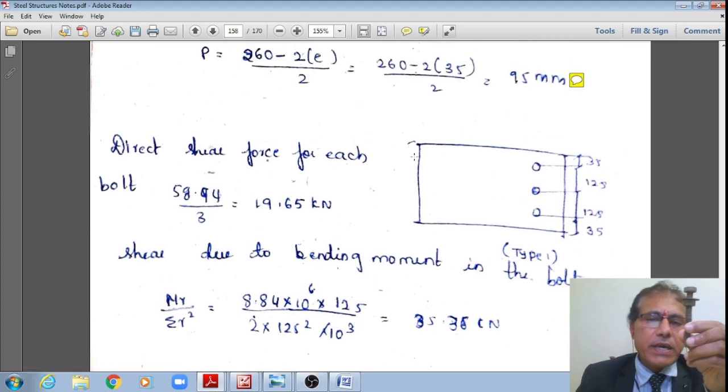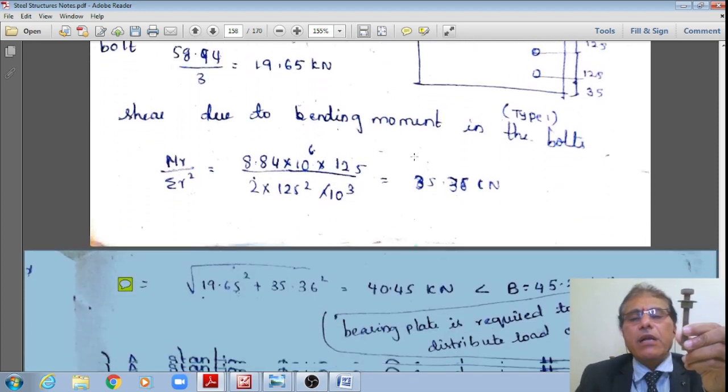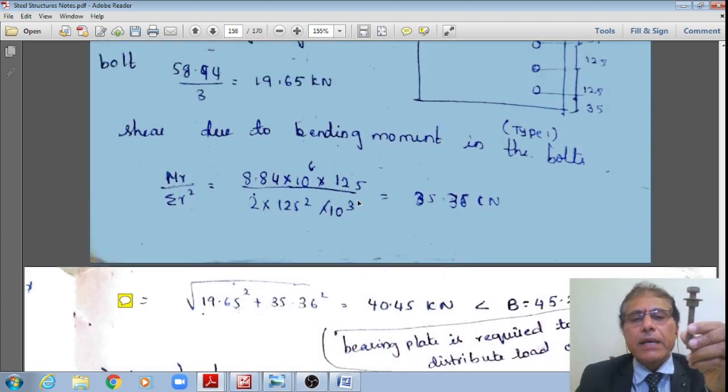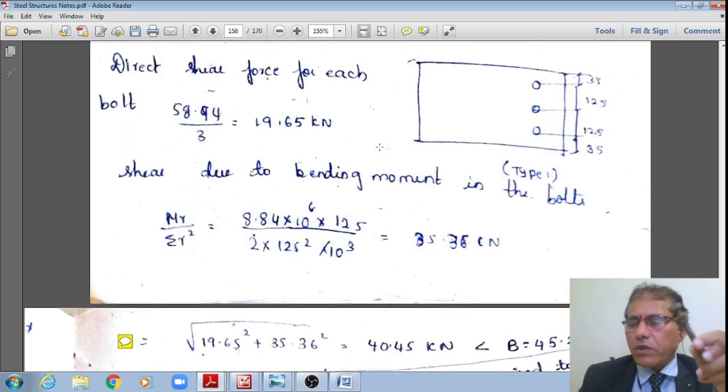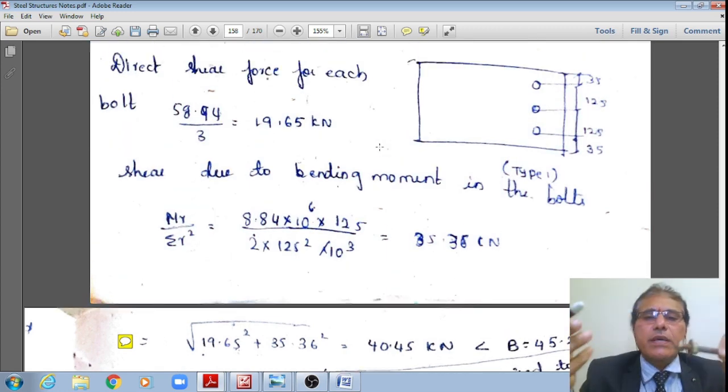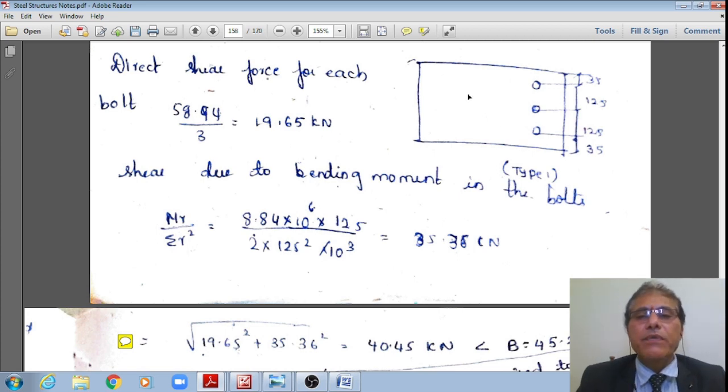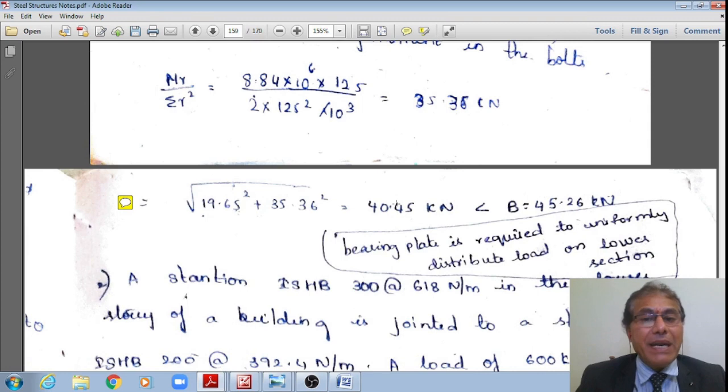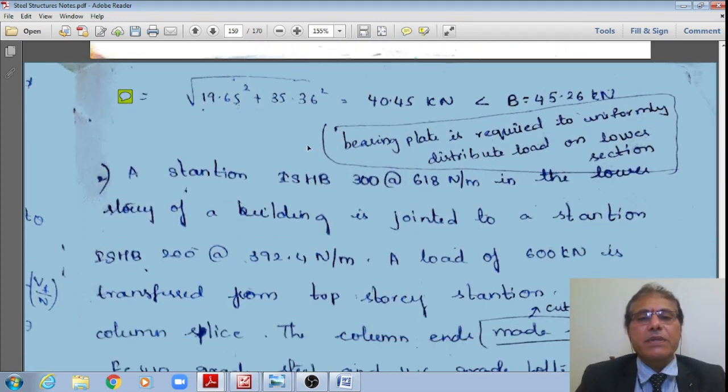Because I want to propose the bolt designs, I am saying that these are taking not only the vertical shear force but are also designed for a bending moment. Please make a note. Not only have we designed these batten plates for vertical shear and bending moment, students, but we have also designed these bolts for vertical shear as well as the bending moments, and their connections also as per the code.